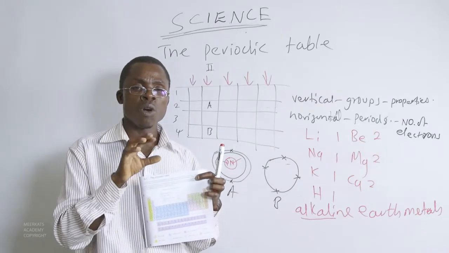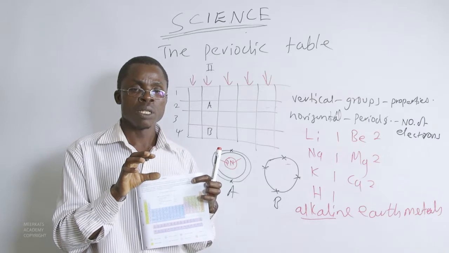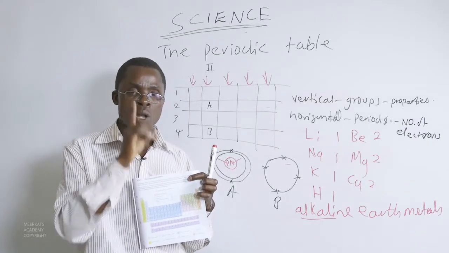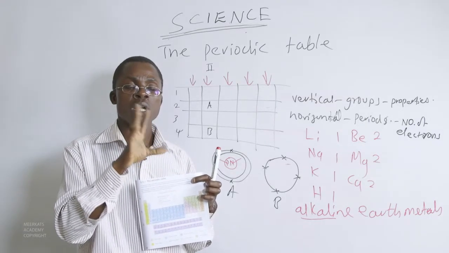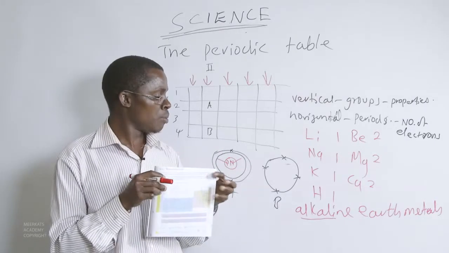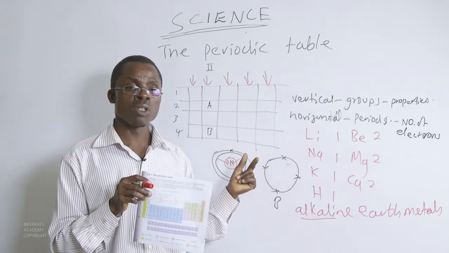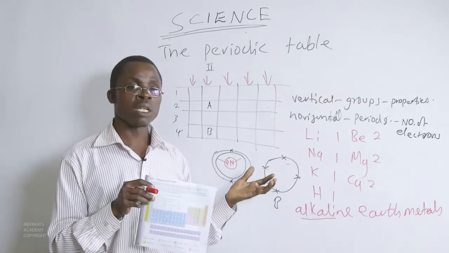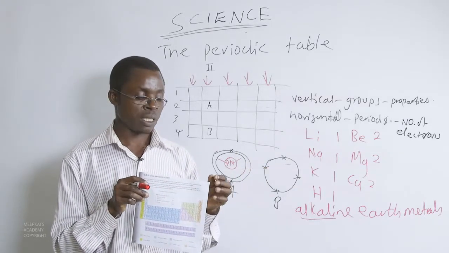Depending on which orbit you are talking about, you only miss one electron, and there you are full. So these non-metals that are missing one electron to be full are generally called halogens.